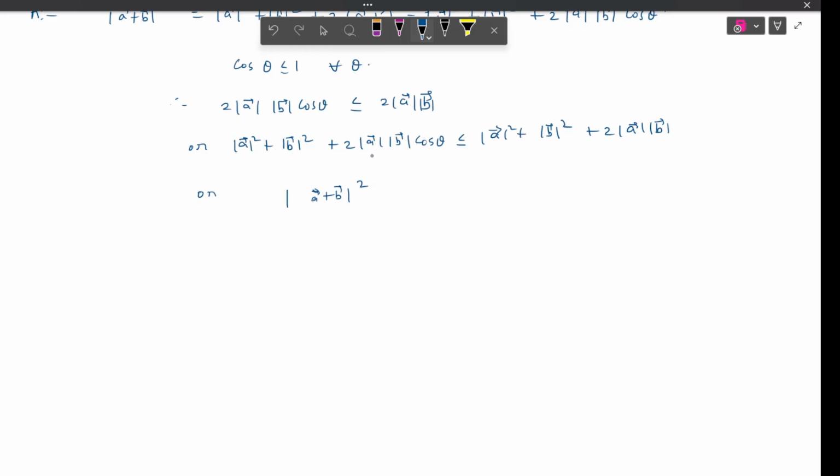This is A dot B, so we can say that this is mod of A plus B whole square. This is less than or equal to mod of A plus mod of B whole square. So taking square root on both the sides, we will get mod of A plus B is less than or equal to mod of A plus mod of B. That's all we have to prove.